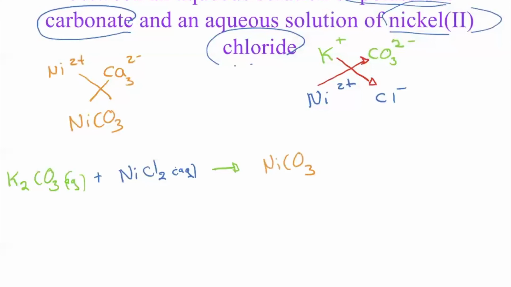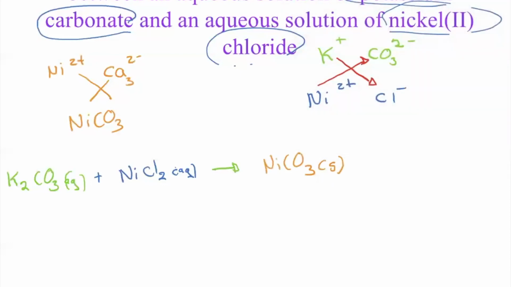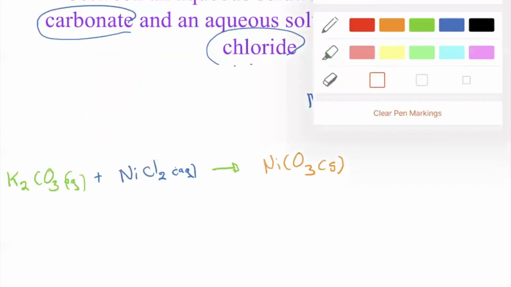Then look at the solubility, and you're going to see that this compound, because it has the carbonate, is actually going to be insoluble. So we put an S. It doesn't matter which one you do first. What I'm going to do next is bring my other one.